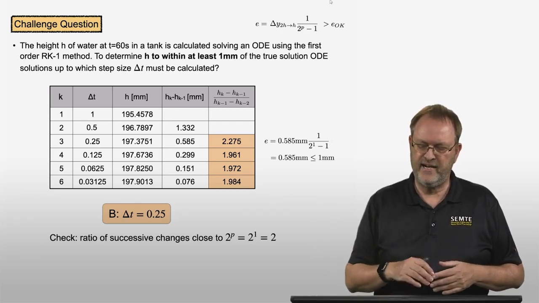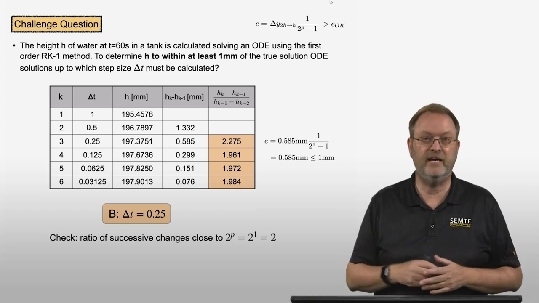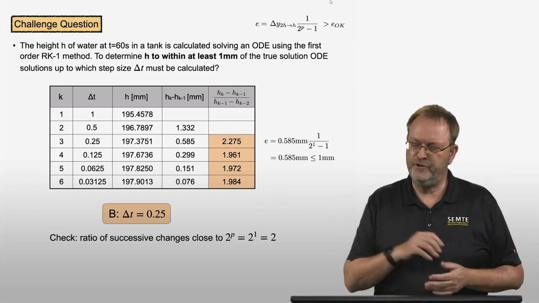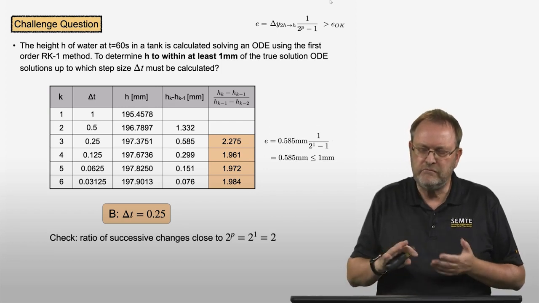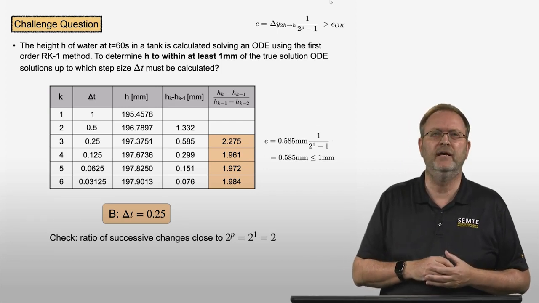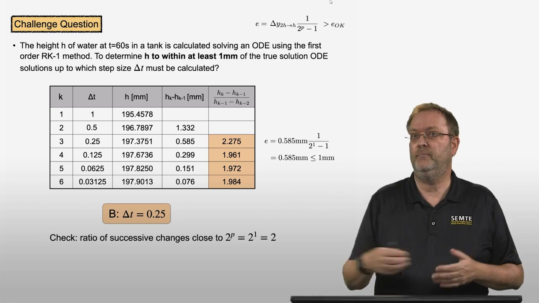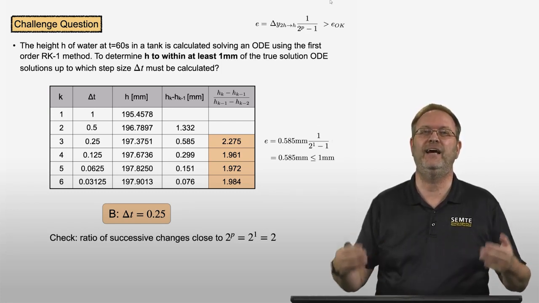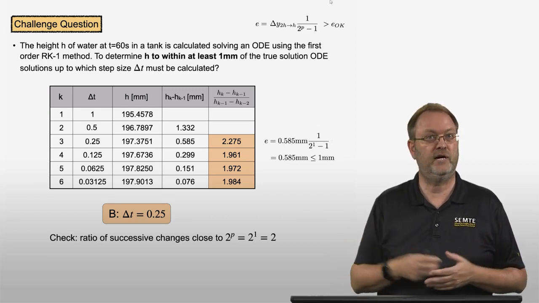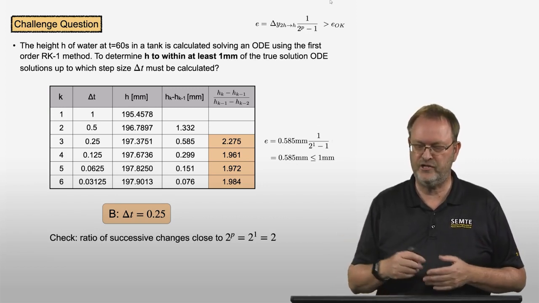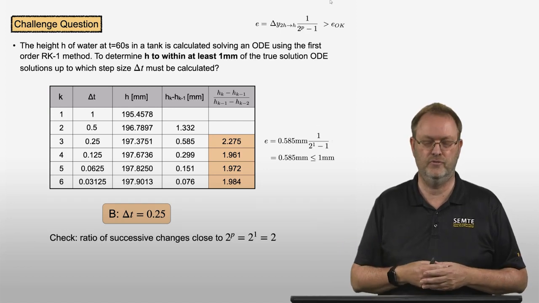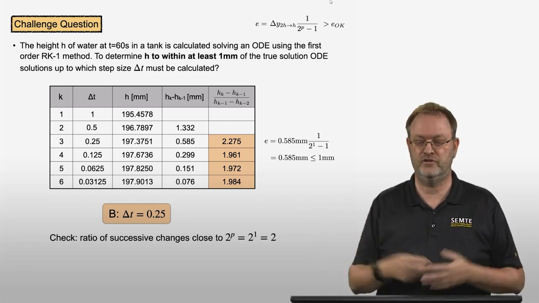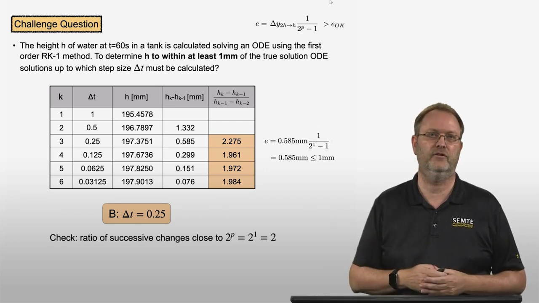And you'll see that these values are pretty close to 2, acceptably close to 2. 2.275 seems not that close to 2, actually. So if we would be worried a little bit of this not being close enough to 2, we would perform another simulation at 0.125 and we'll see that this ratio actually approaches 2 in the end. So the error, the change, reduces according to the formula that we have used.